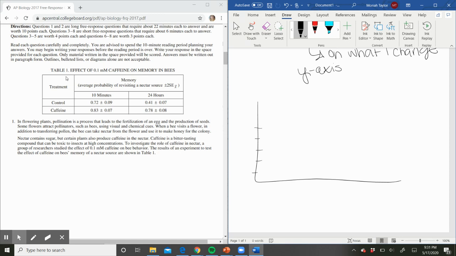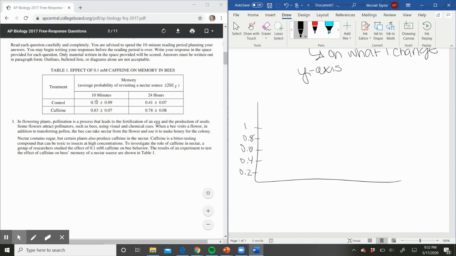Probability is going to go from 0.00 to 1 being 100% probability, 0.72 being like 72% probability. So anyway, our scale is from 0 to 1. So I'll put, let's say, 0.2 here, 0.4 here, 0.6 here, 0.8 here, and then 1.